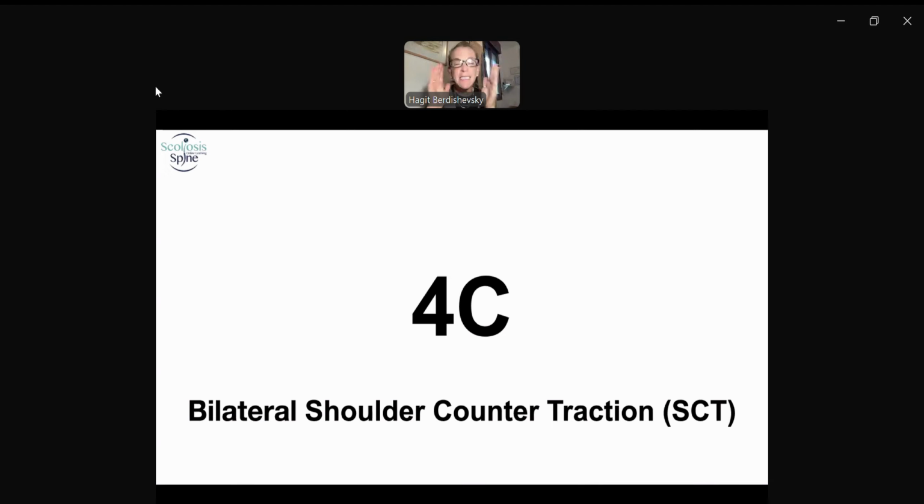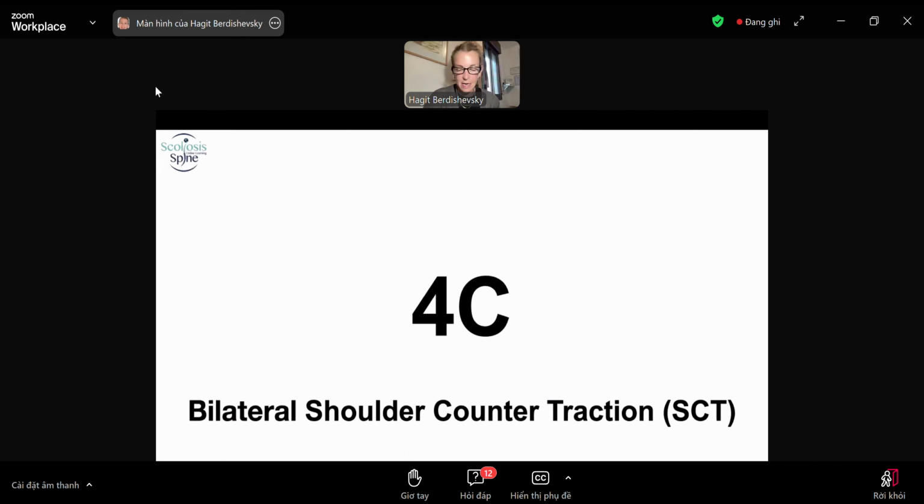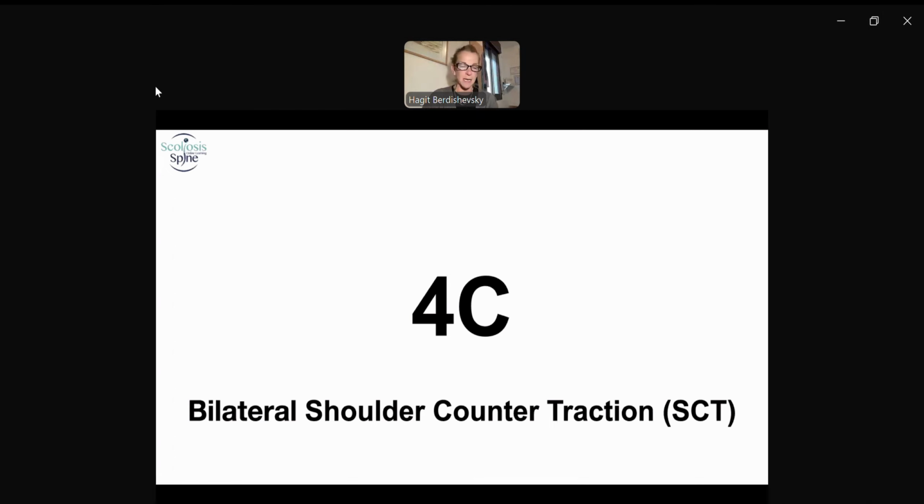So in a 4C, since we definitely have two curves, and now we're shifting gear so that the lumbar is the primary curve, correcting the lumbar brings the need for bilateral shoulder counter traction, or bilateral shoulder traction, to compensate for the compensations.